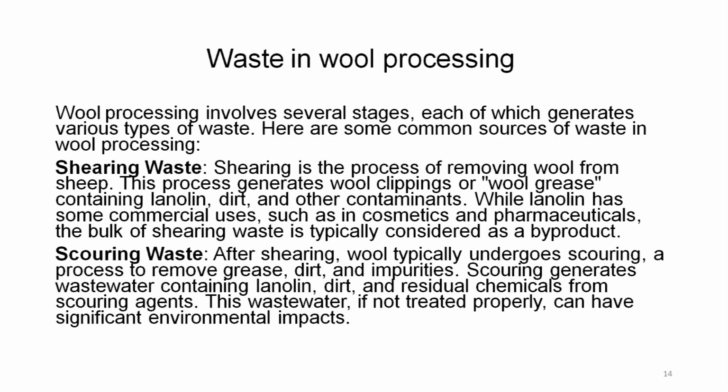While lanolin has some commercial uses such as cosmetics and pharmaceuticals, the bulk of shearing waste is typically considered a byproduct. So, not all waste can be recycled or reused, some is just utter waste. However, lanolin is usable.